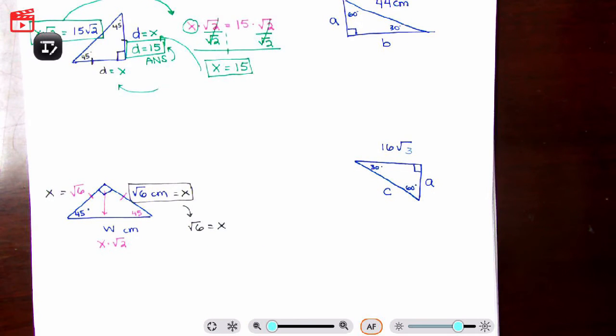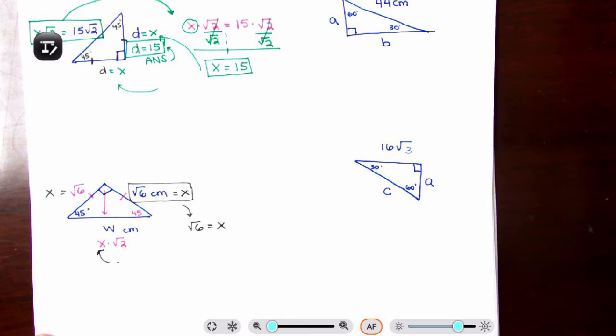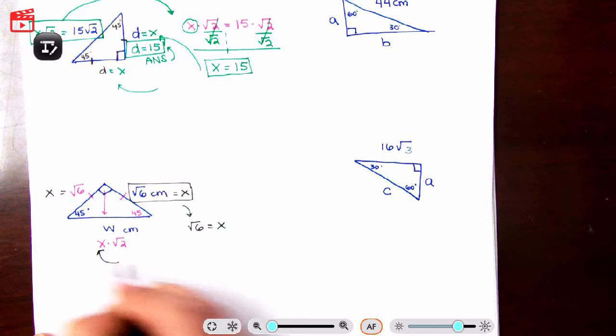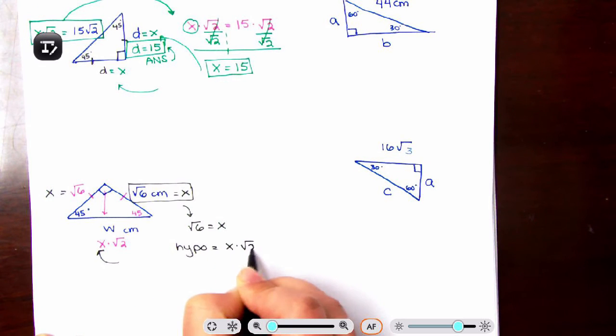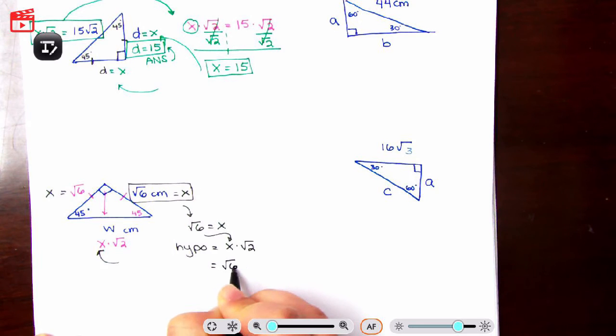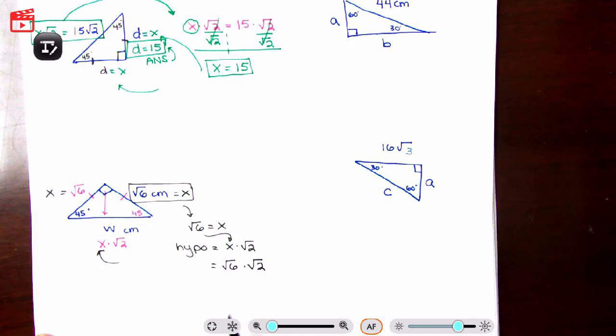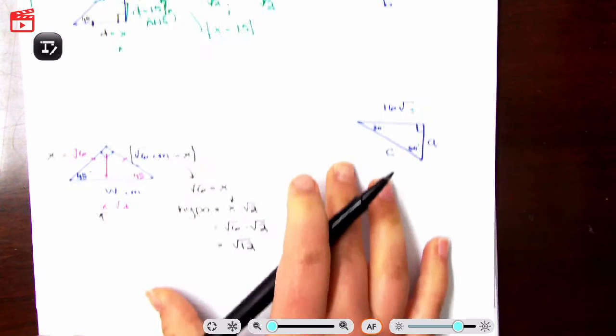Well, if root 6 is equal to x, we're going to take that x and plug it into our hypotenuse. So our hypotenuse is equal to x times the square root of 2, which means that root 6 times root 2 is our hypotenuse, which means 6 times 2 is 12, which I have 12. Now, be careful with roots.